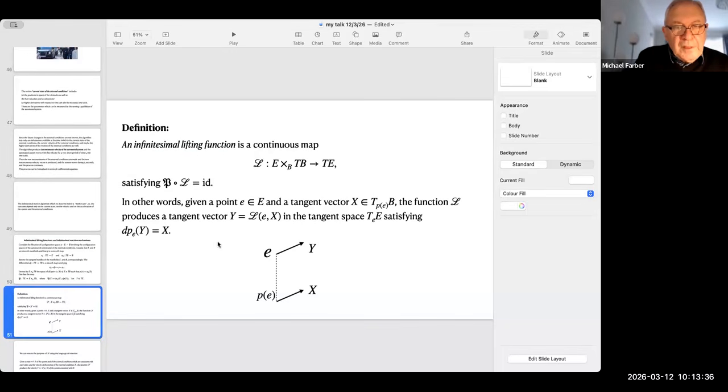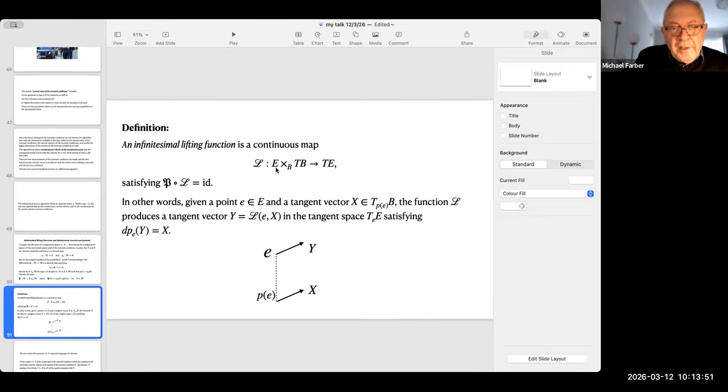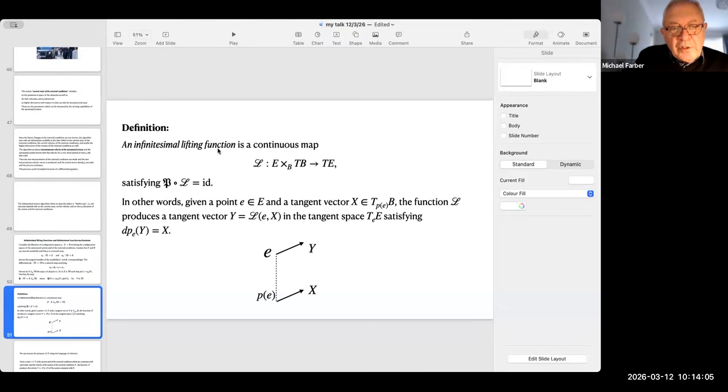And now we have this definition, an infinitesimal lifting function is a continuous map which goes from E cross_B TB to TE, which is a section of this bundle. So infinitesimal lifting function, or infinitesimal motion algorithm, it is equivalent terminology, is a section of this fibration.